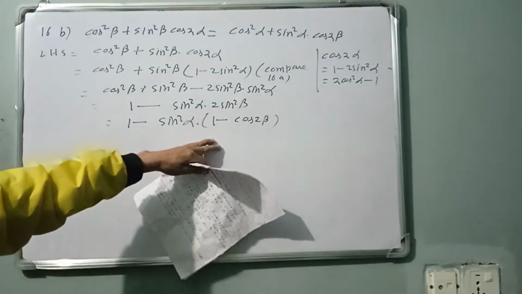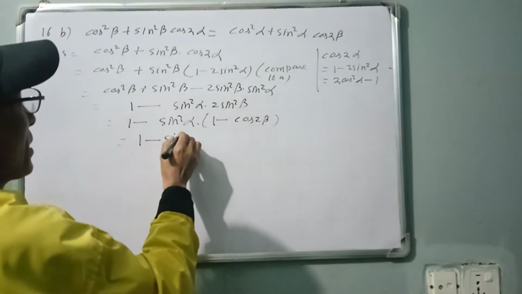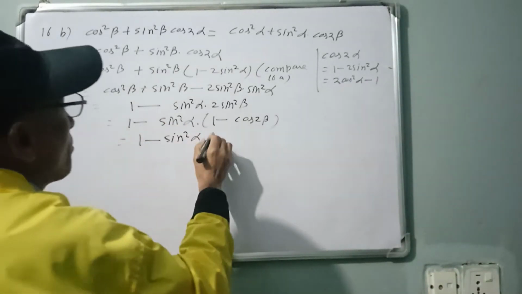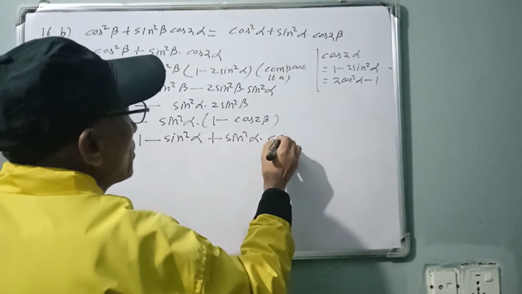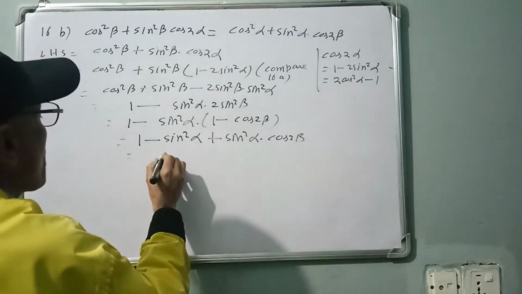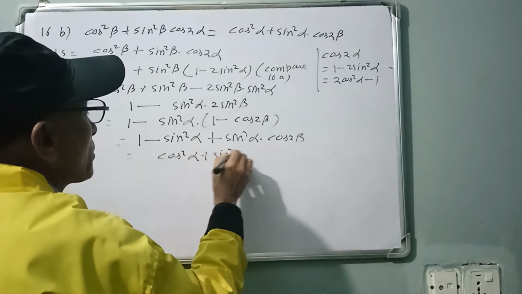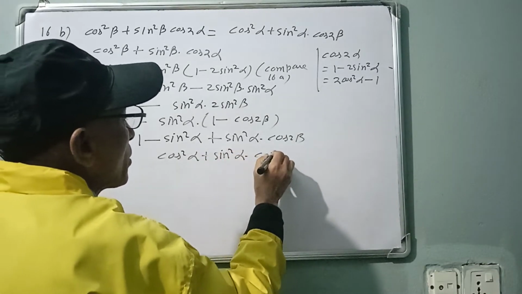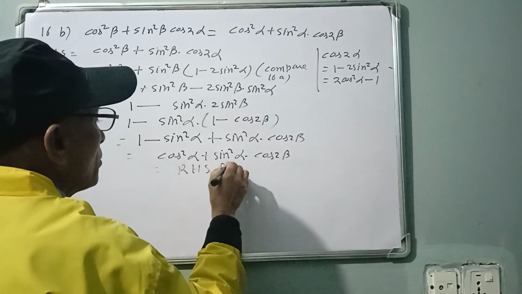Double angle formula derived. 1 minus sin square alpha plus sin square alpha into cos 2 beta; the bracket of 1 minus sin square alpha is cos square alpha plus sin square alpha into cos 2 beta, right hand side proved.